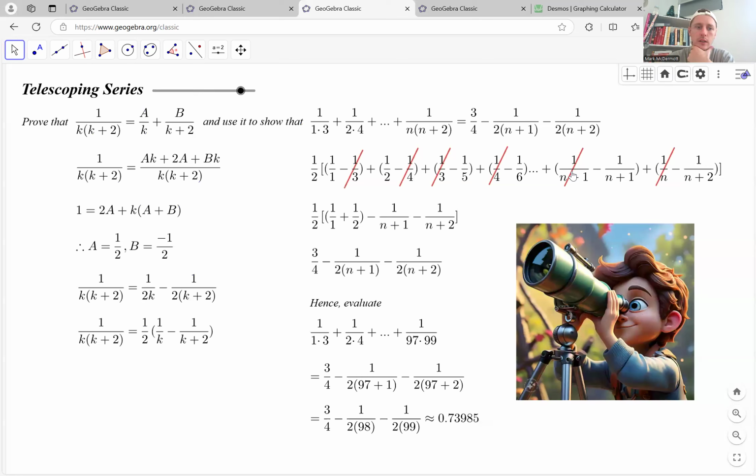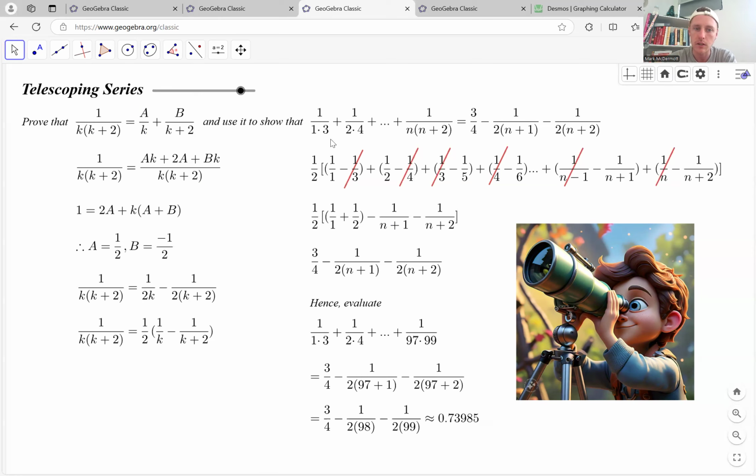Let's just be clear in terms of the proof by induction step about what a proposition is. If you look here, we've got 1 over k times k plus 2 can be broken down into partial fractions. And so, we get this as our result. So 1 over k times k plus 2 is 1 over 2 multiplied by 1 on k minus 1 on k plus 2.